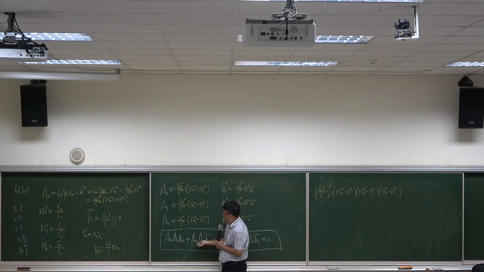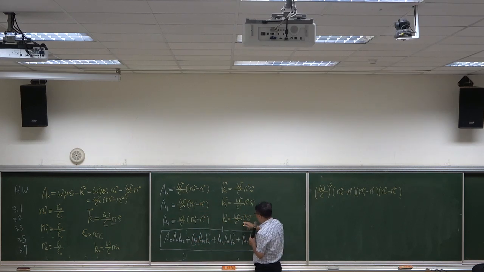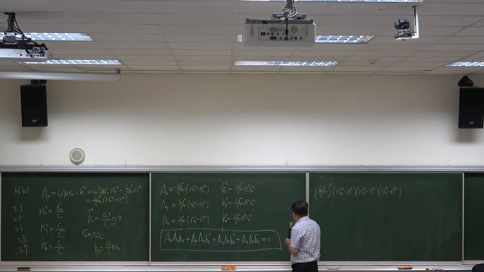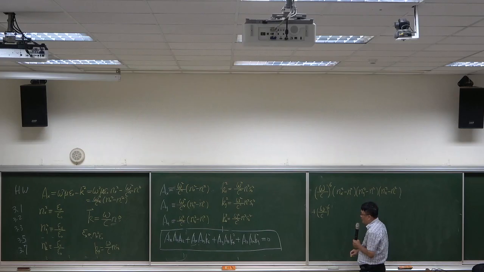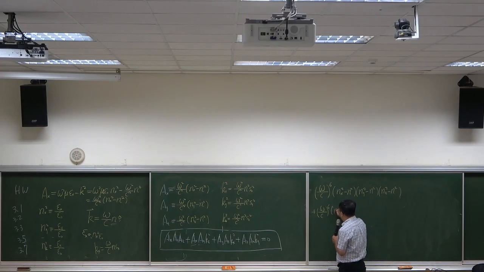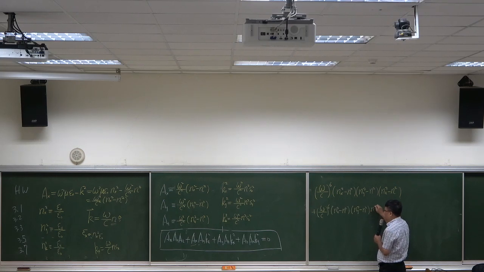Here ax, ay, and kz each provide omega over c squared, so we still have omega over c to the 6th power. And nx squared minus n squared times ny squared minus n squared times n squared sz squared.